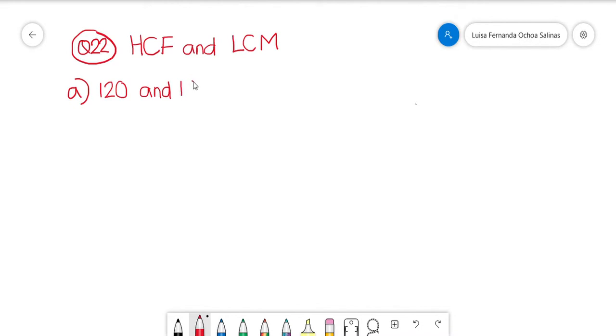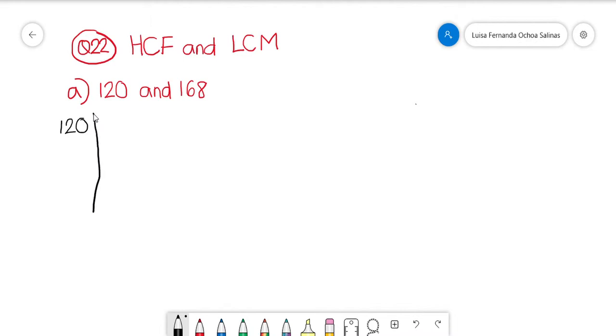Okay, so let's look at this. Let's start with 120. The most efficient way to do it is to decompose 120 into its prime numbers.